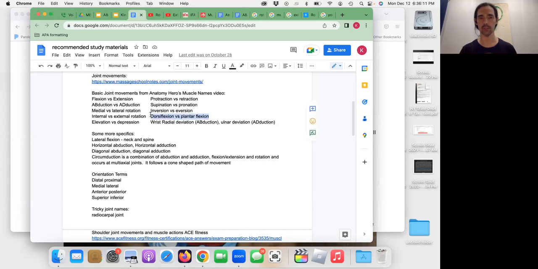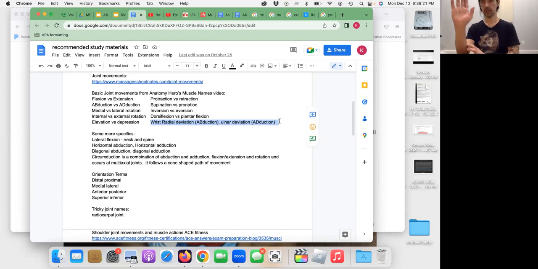We did dorsiflexion and plantar flexion, wrist radial deviation and ulnar deviation. So here's the radius, the radial side. So this is radial deviation. Here's the ulna. So this is ulnar deviation, right? And you can turn your palm toward you, and these bones will turn as well.